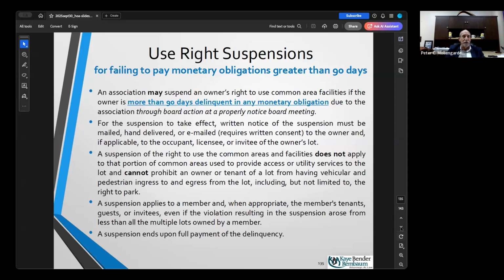A suspension of the right to use the common area facilities does not apply to that portion of the common areas used to provide access or utility services to the lot, and cannot prohibit an owner or tenant from having vehicular and pedestrian ingress and egress to and from the lot, including but not limited to the right to park, what we've talked about before. A suspension applies to a member and the member's tenants, guests, invitees, even if they own multiple lots. And in this instance, the suspension ends upon the full payment of the delinquency.